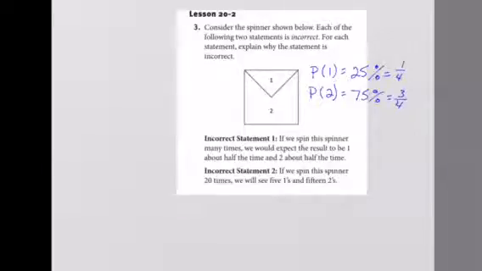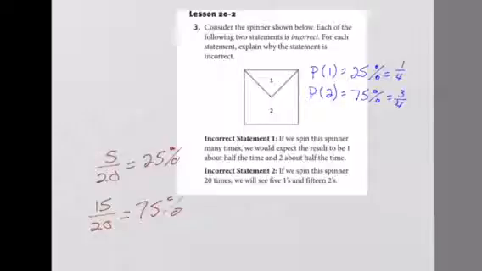Now, if we do the math, 5 1s out of 20 equals 25%. And if we have 15 2s, that's 15 out of 20, which does equal 75%.